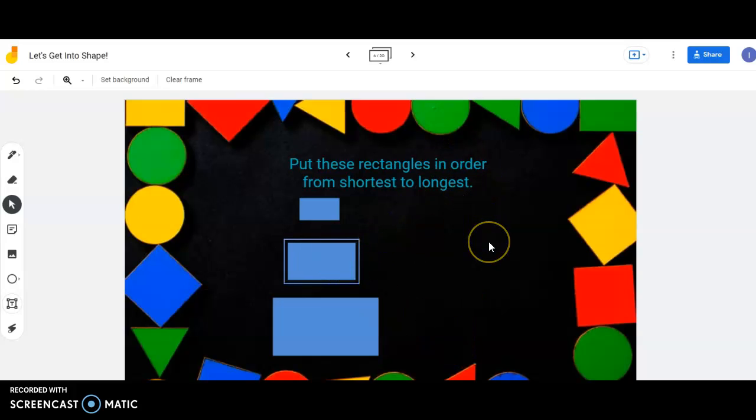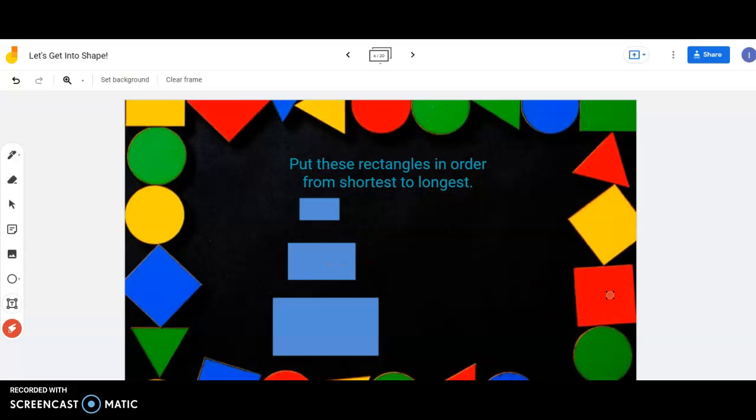Now, boys and girls, how do we know that the top rectangle is shorter than the bottom? Well, let me tell you. We know that the top rectangle is shorter than the bottom rectangle because of the middle rectangle.